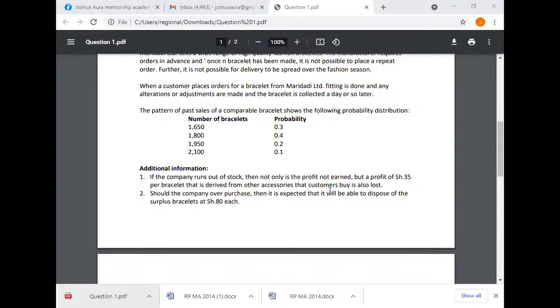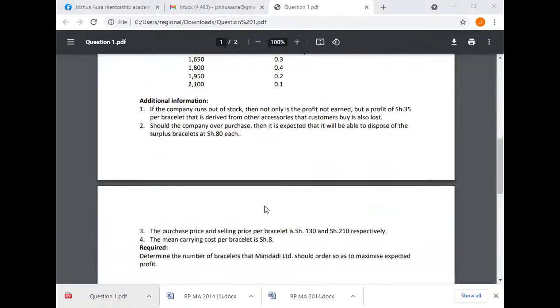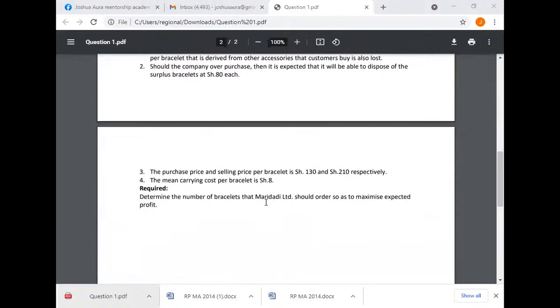Should the company overpurchase, then it is expected that it will be able to dispose of the surplus bracelets at shillings 80 each. The purchase price and selling price per bracelet is 130 and 210 respectively.